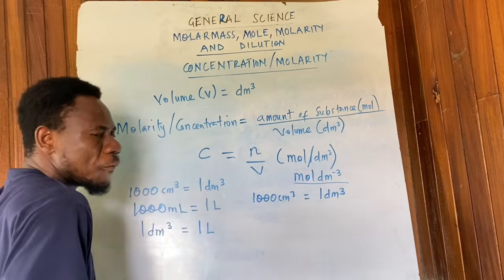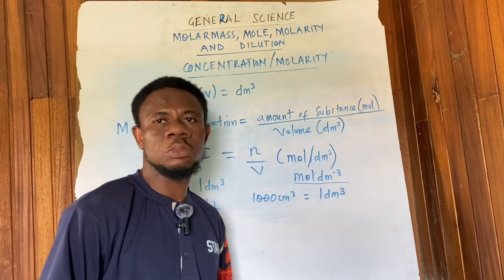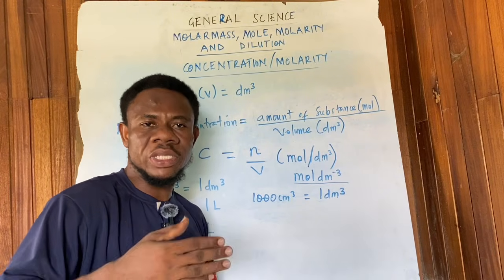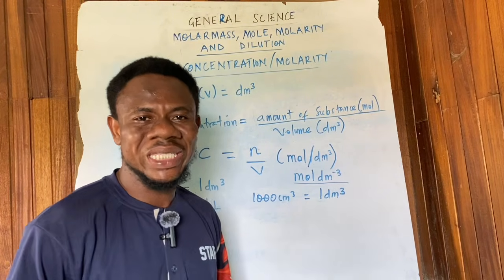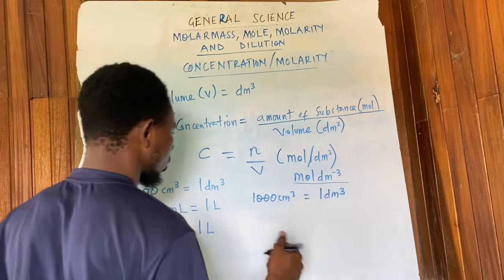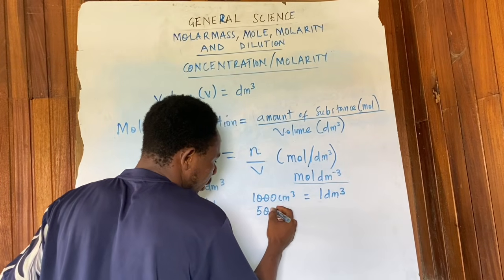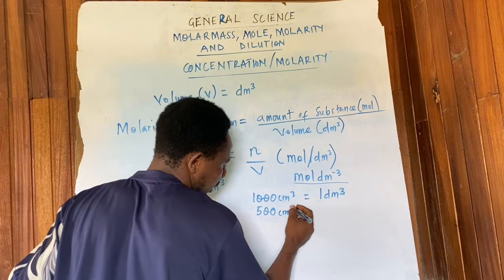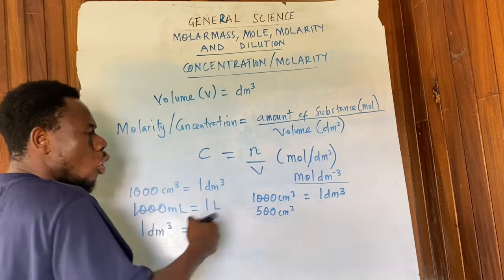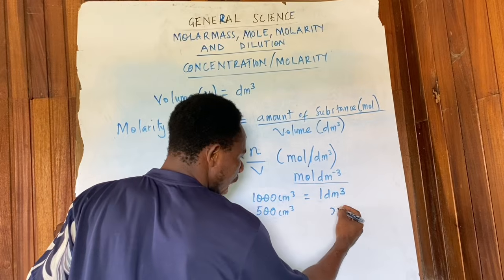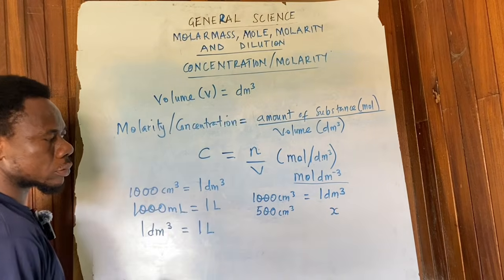They say I should find 500 cm cube in dm cube. So I am changing 500 centimeters cube to decimeter cube. So in the question, I was given 500 cm cube. I don't know my 500 cm cube in dm cube. So let me write x like this.